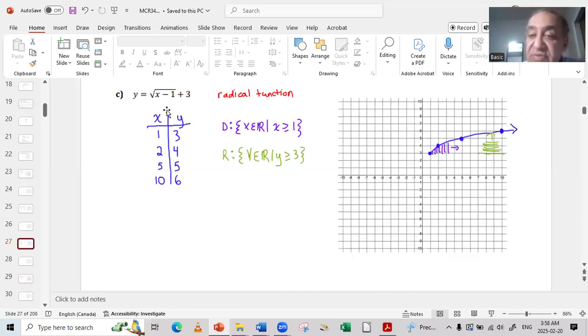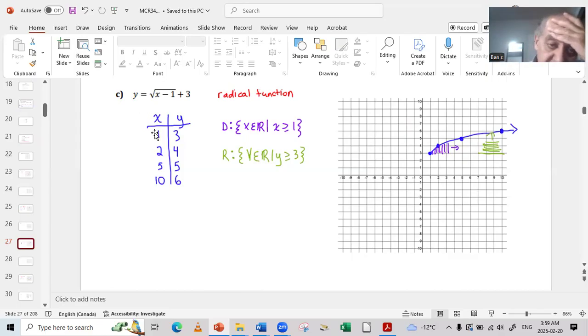We call this a radical function because there is a root here: x minus 1 is under a root. For that reason, we call it a radical function. Does that make sense? Same as the other things we did before.